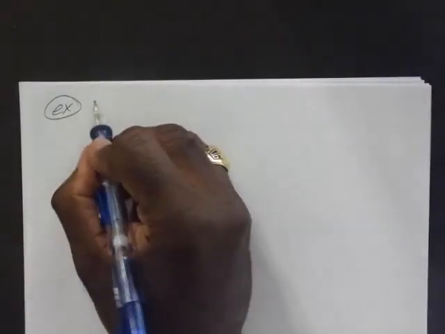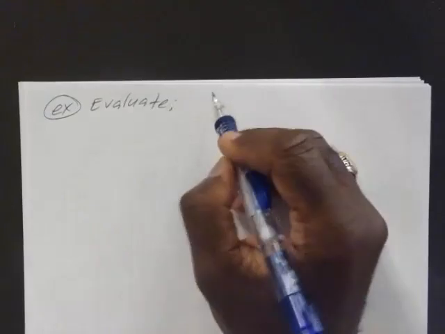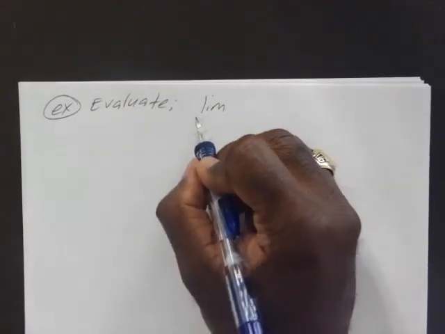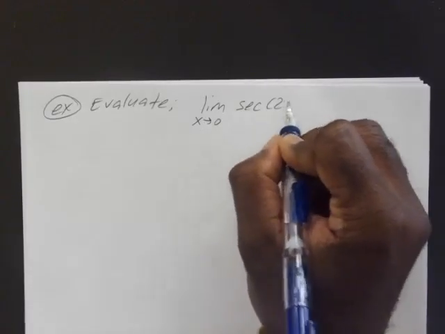Okay, so what if we wanted to evaluate the limit as x approaches 0 of secant of 2x?